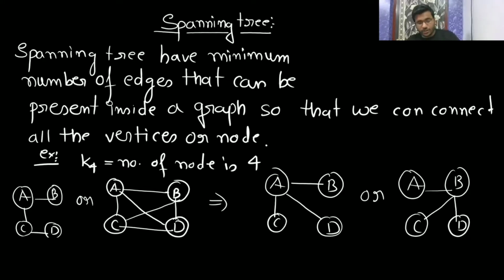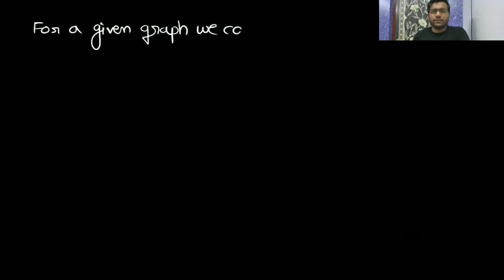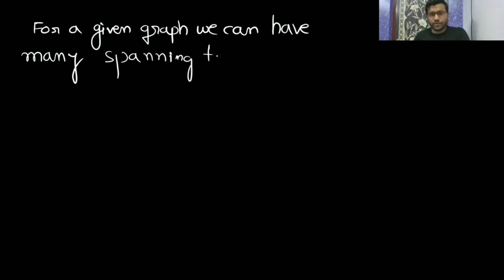You can write: for a given graph, we can have many spanning trees. So how do we find how many spanning trees we are going to have?